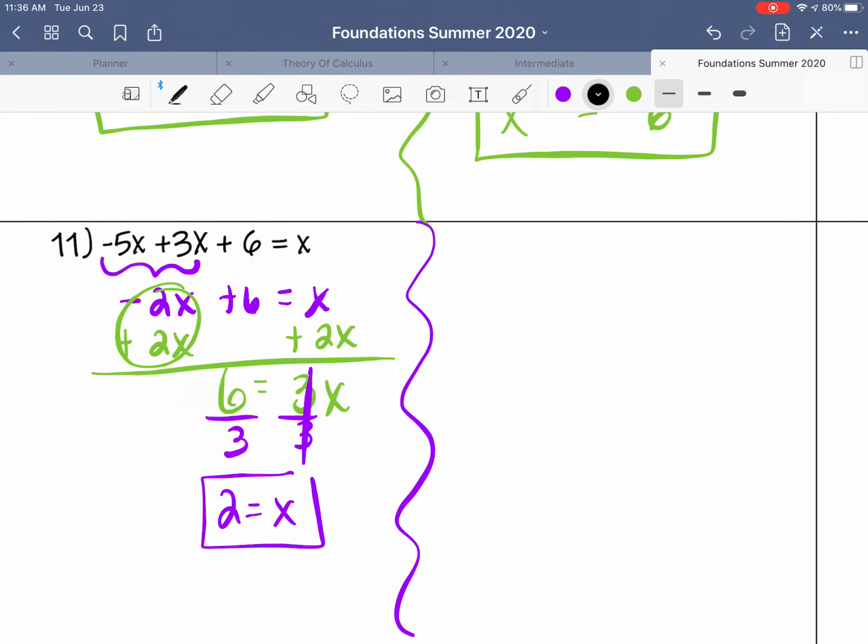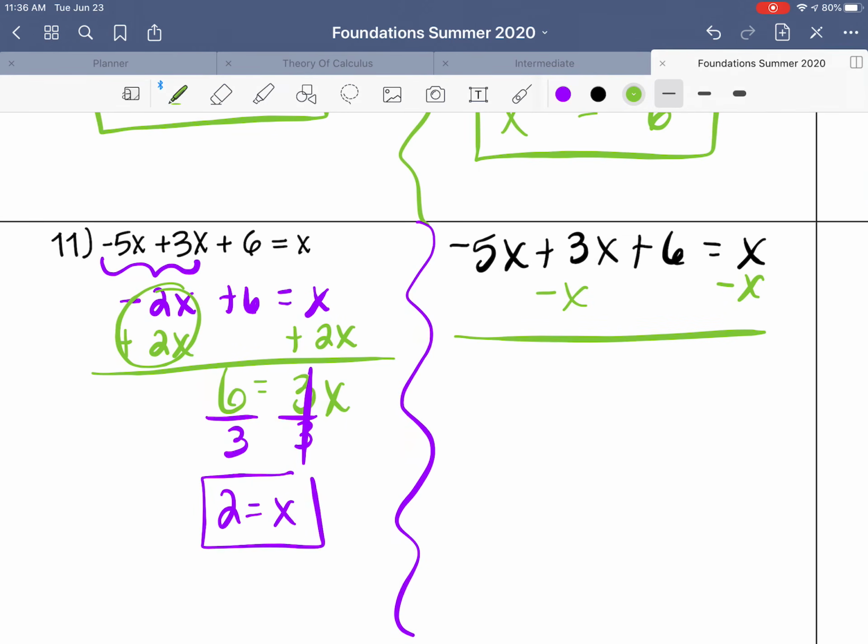And you can do that differently. Maybe you saw it differently in your mind. -5x plus 3x plus 6 equals x. Let's say you wanted to move all the x's to the same side. That is totally fine. So these are like terms.